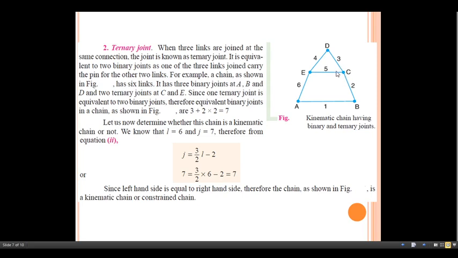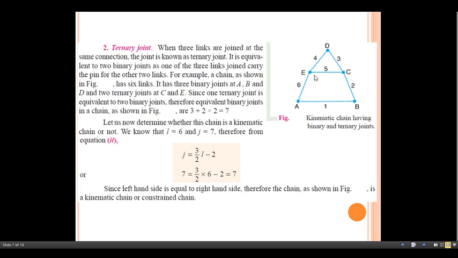It is equivalent to two binary joints, as one of the three links carries the pin for the other two links. The same pin is used by these three links. That's why one ternary joint is equivalent to two binary joints.